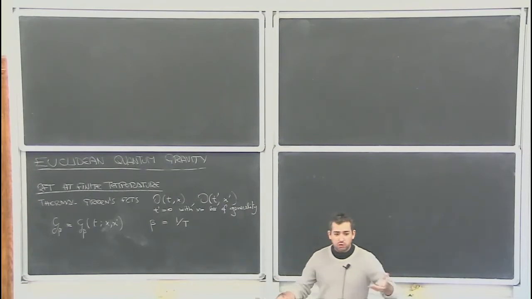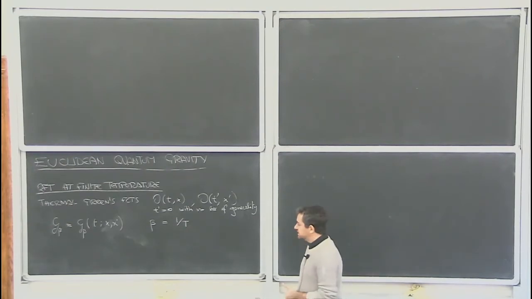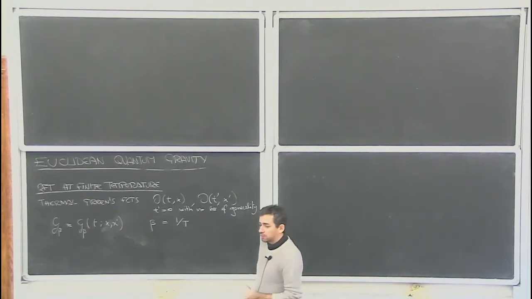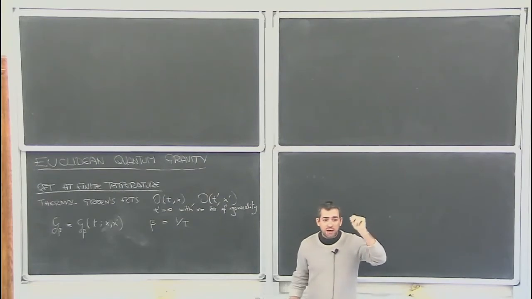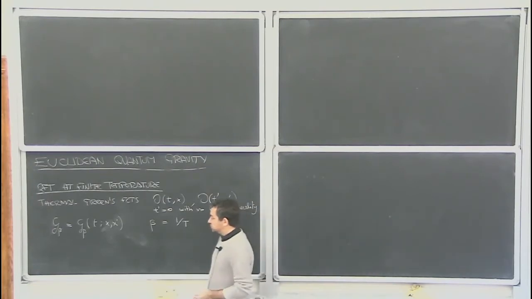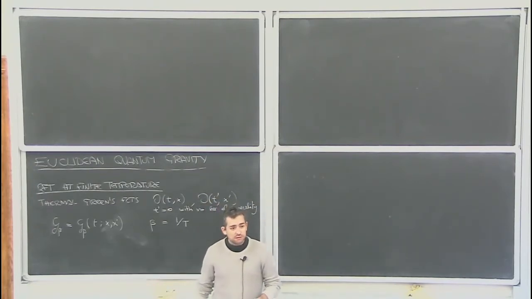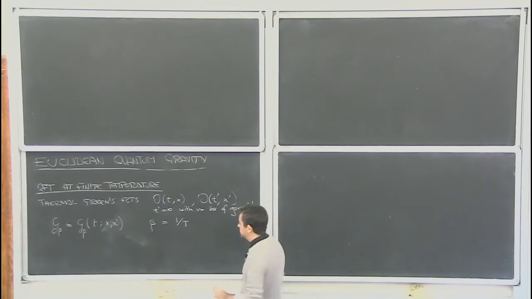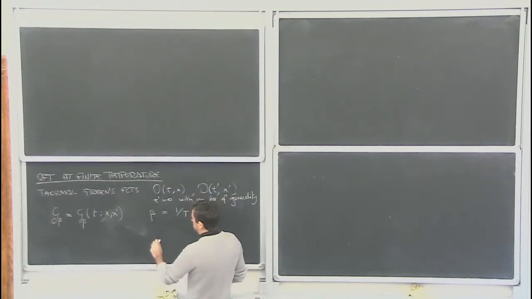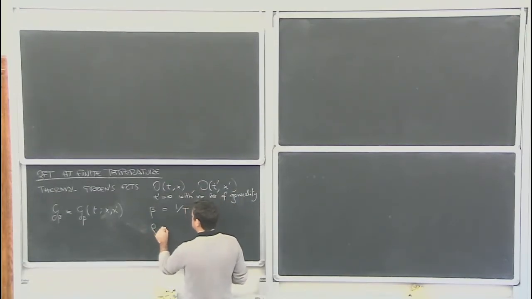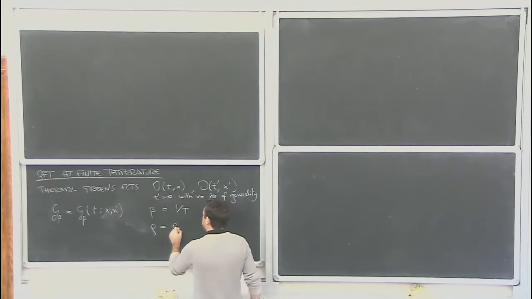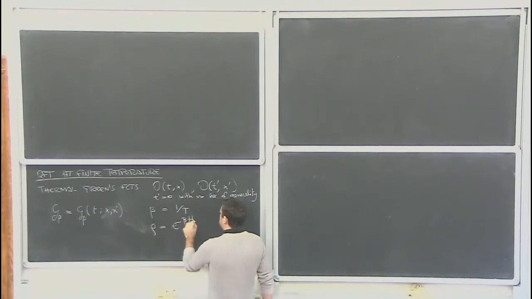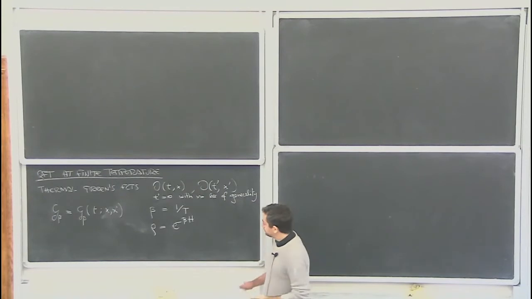We know that the state comes with some probability that is weighted by e to the minus beta E. This means that we have a mixed state and we are using a density matrix to describe the system. So the same kind of density matrix that we had yesterday, this is the thermal one, e to the minus beta H is the thermal density matrix.